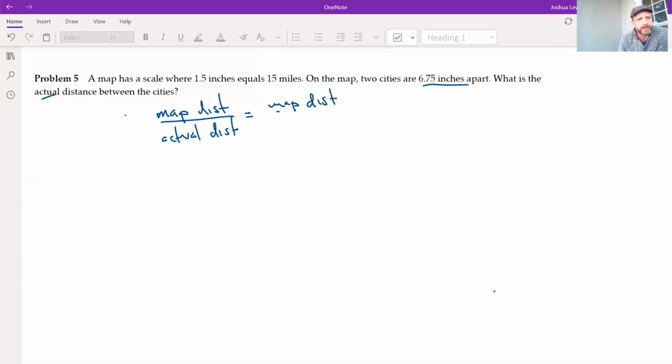Okay. And if you need to, add this step so you remind yourself what you're putting where. So map distance, 1.5 inches to 15 miles. 1.5 inches is equivalent to 15 miles. And then again, I put map in the numerator, so two cities are 6.75 inches apart.